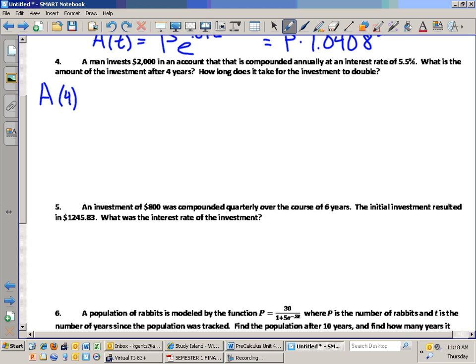So the amount after 4 years is going to be equal to 2,000 times... annually is 1. Yep, good. So the first key is, can you plug the numbers in correctly? And that's what I have. The amount at 4 years is 2,000 times 1 plus 0.055 over 1 to the 4th power.